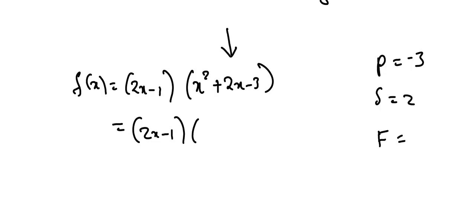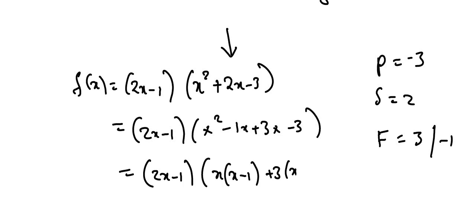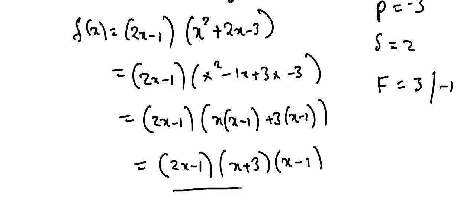We find the numbers such that when we add, we get this. This will be x squared minus 1x, then plus 3x, then minus 3. This will be x times x minus 1, then plus 3 times x minus 1. And this is going to be 2x minus 1, you have x plus 3, and you have x minus 1. You have factorized it completely.